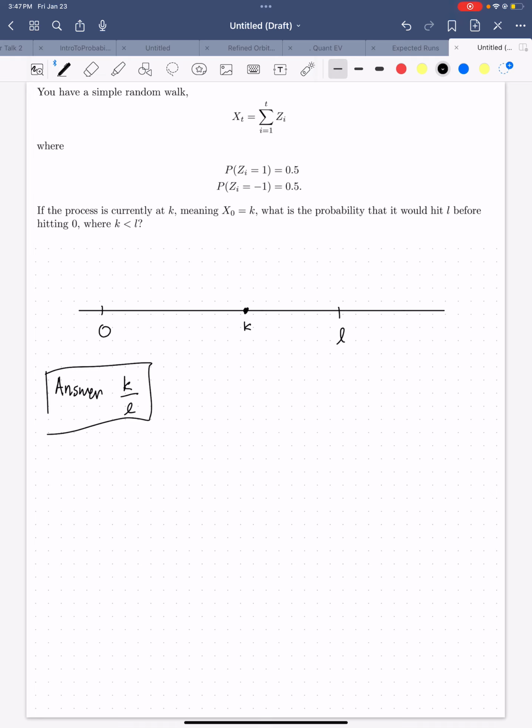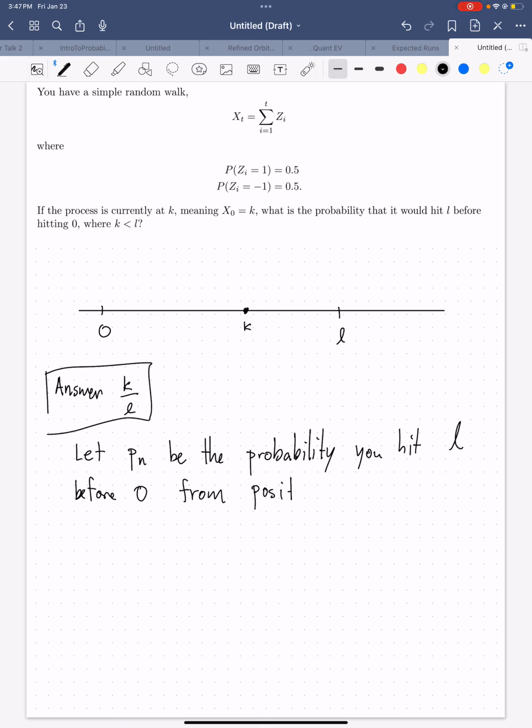So let Pn be the probability you hit L before 0 from position n.